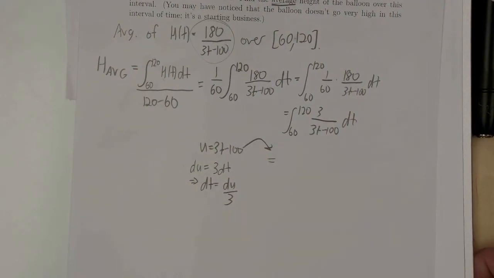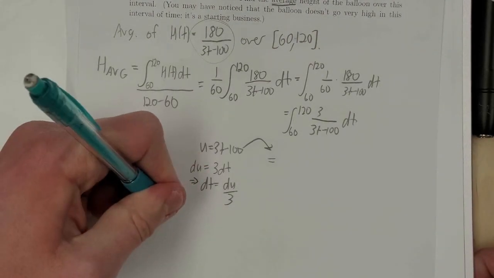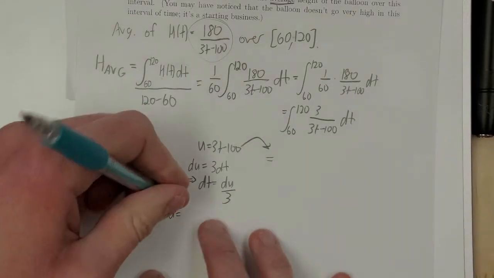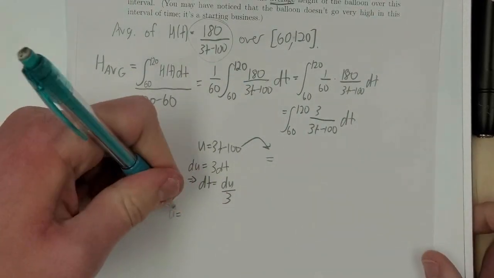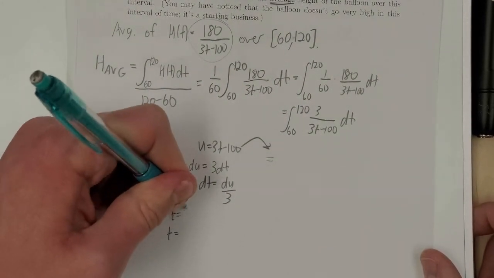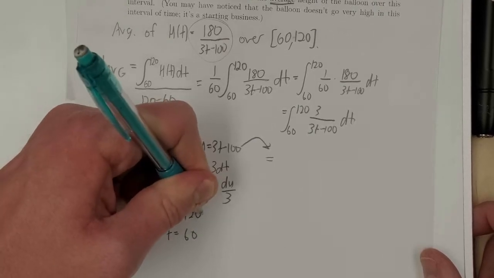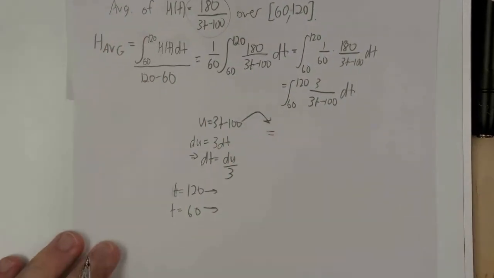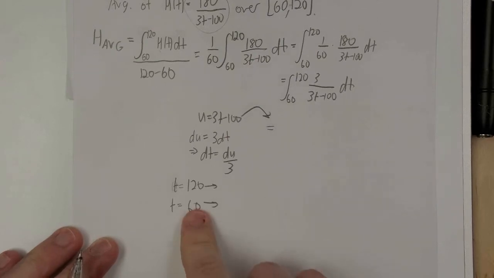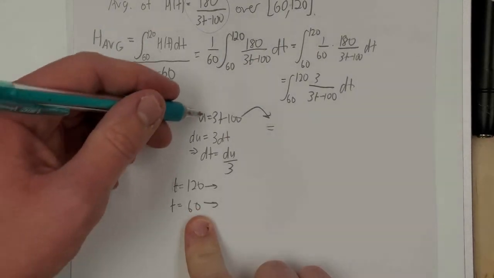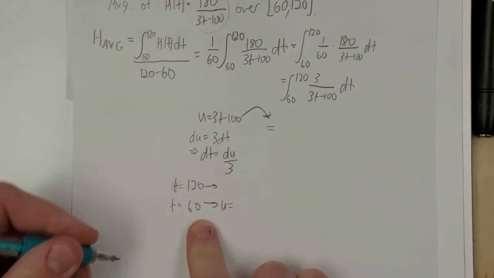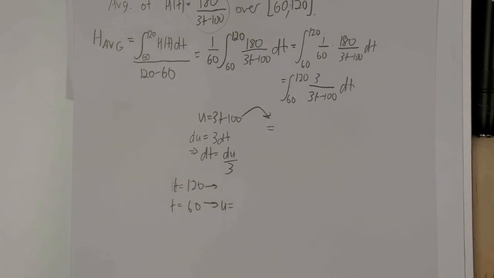And then because this is a definite integral, we also have to correspondingly change the bounds, right? So if t equals 60, then what would our corresponding u value be?